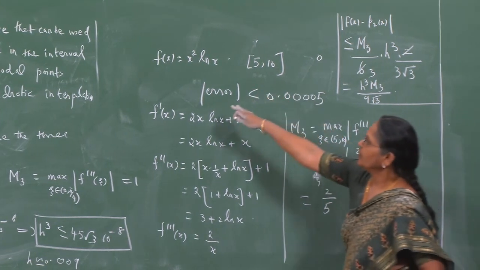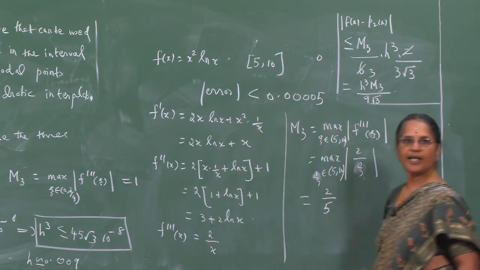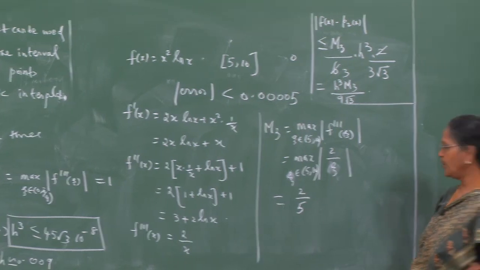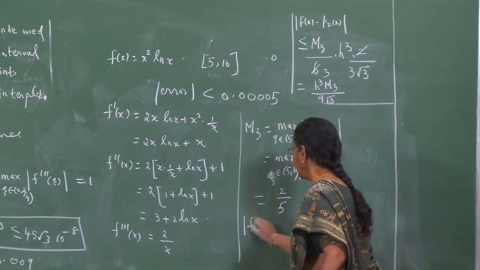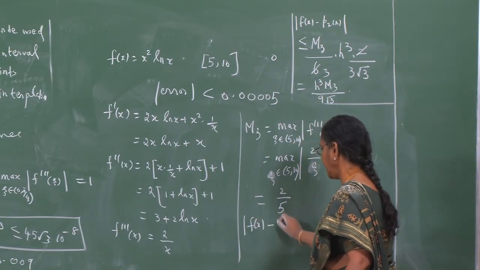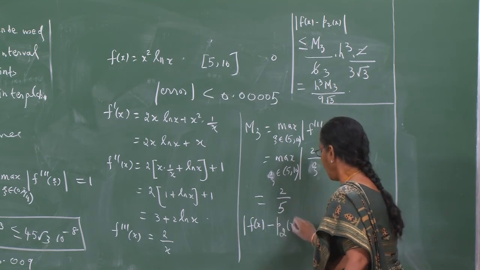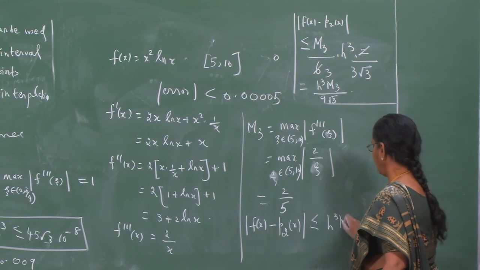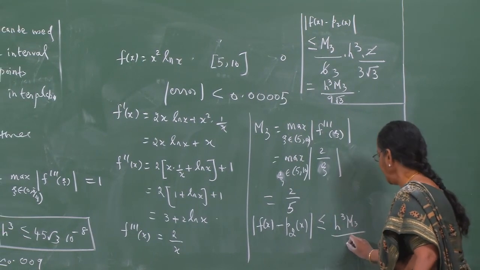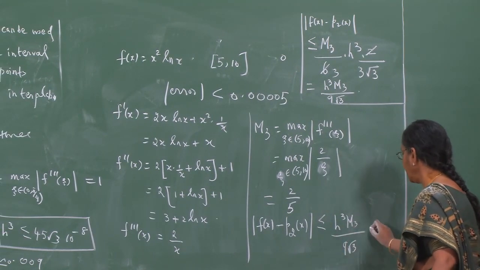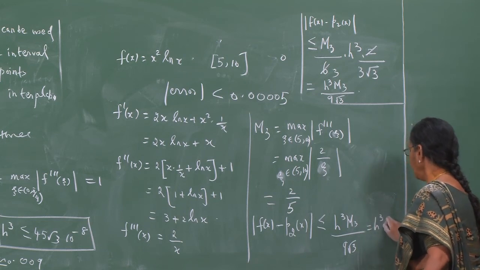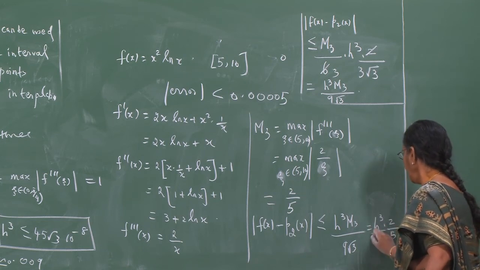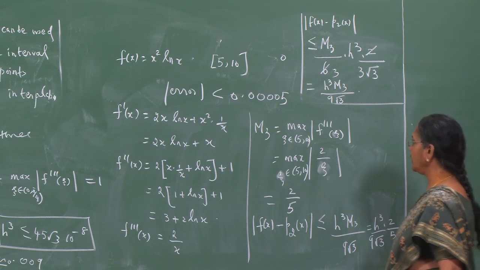So we can now use the inequality for the error bound and write down that the modulus of f of x minus this quadratic polynomial is less than or equal to h cubed into M3 by 9 root 3. This is h cubed into 2 by 5, by 9 root 3.